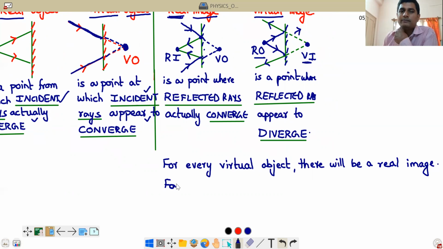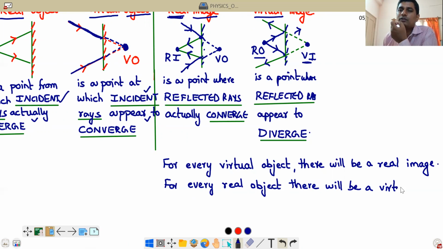And for every real object, there will be a virtual image. For every real object, there will be a virtual image. And for every virtual object, there will be a real image. So these terms you should know thoroughly, students. These are very, very important terms.